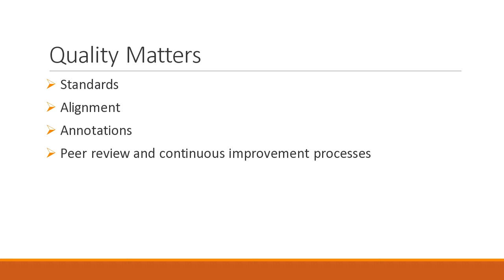The other pieces that I found interesting with something like Quality Matters were that the annotations around the rubric are very, very clear, and the peer review process that goes with it, if you're trying to get accredited, appears to be quite a constructive and positive process.